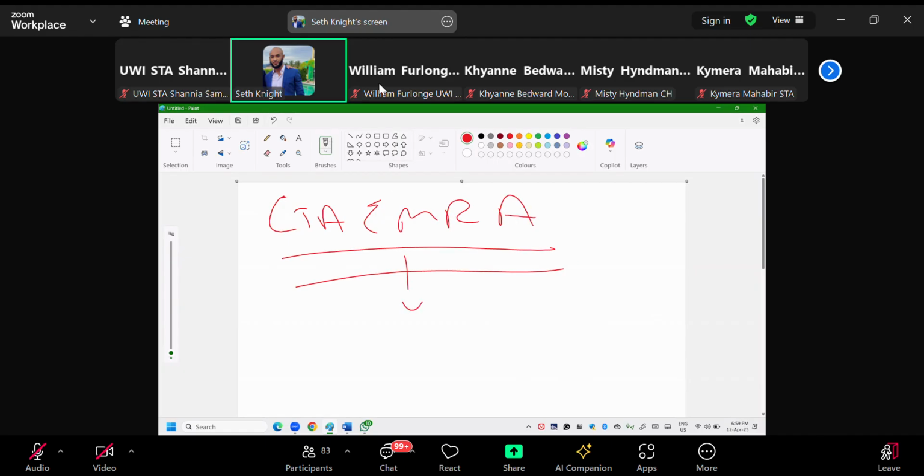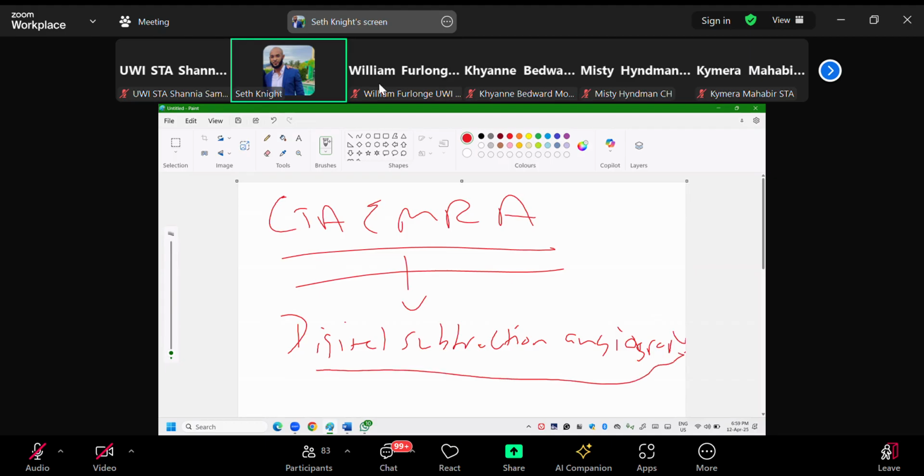These are the two most important, and there is something called digital subtraction angiography, which is basically where they remove the bones and the soft tissue, they subtract all of that, and all you see is the vessels, and that's why it's called digital subtraction angiography. But a CT angiogram and an MR angiogram can be used in acute limb ischemia, dependent on what your cause is, and we'll see the definitive treatment.